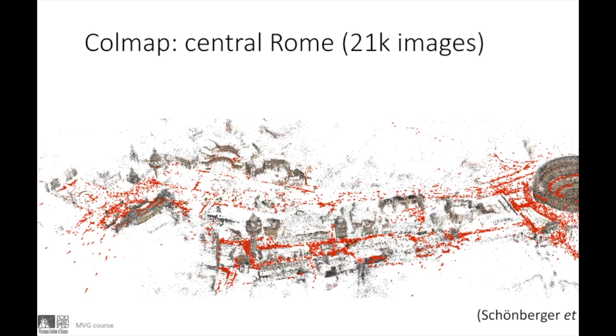I forgot to look how long it took, but that was much more efficient and robust than the previous papers that we saw. So that's basically the story with Colmap. Colmap is available for download. You can download and play with it, and it's quite effective.